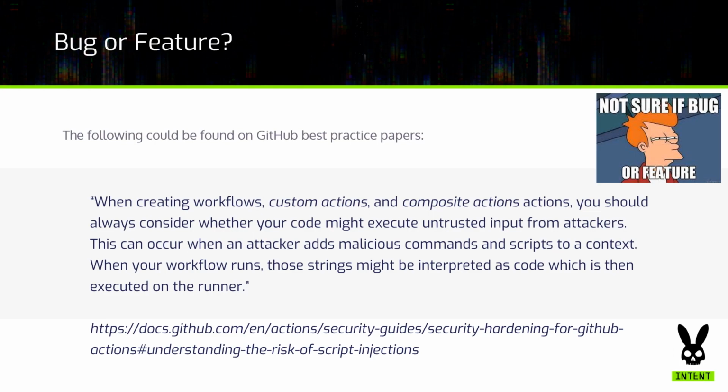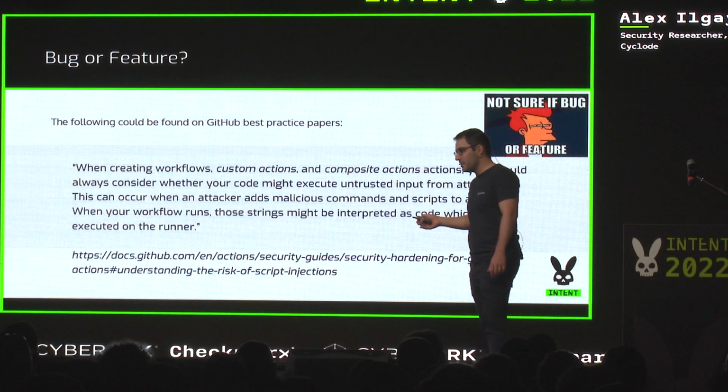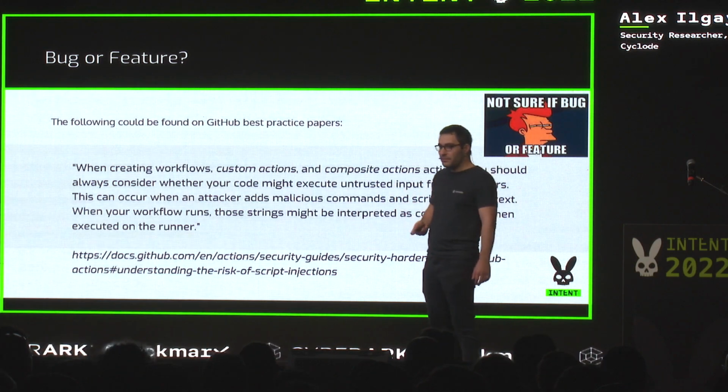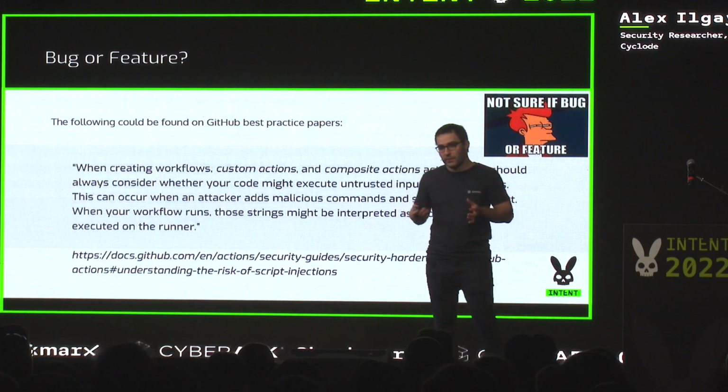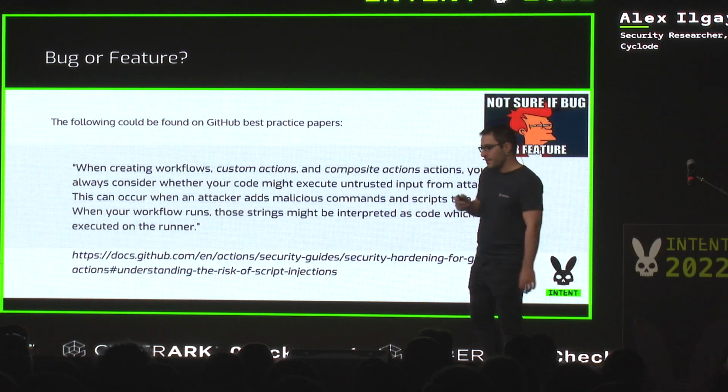They say that when you're creating workflows, you should always consider whether your code must execute untrusted input from attackers. Okay, this is interesting, but there's a chance that many open source projects, or many projects in general, do not know these best practices and may be vulnerable or exposed.